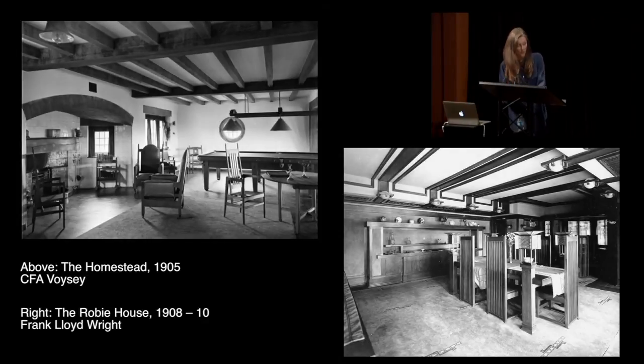Here on the left is the Homestead, designed by Voysey in 1905 and published in British Architect, Country Life and Modern Bauformen. On the right is the Robie House by Frank Lloyd Wright. I think the comparisons speak for themselves. The emphasis on simplicity and open spaces, with the house conceived as a single coherent entity.